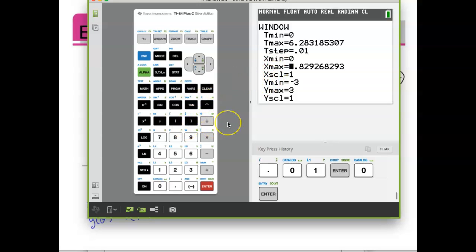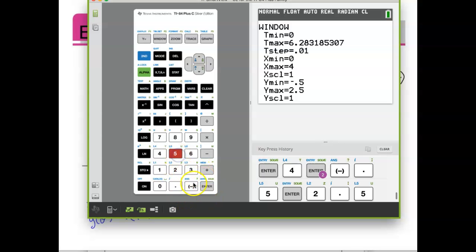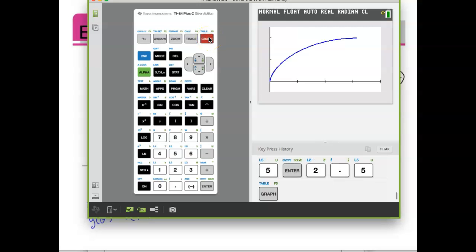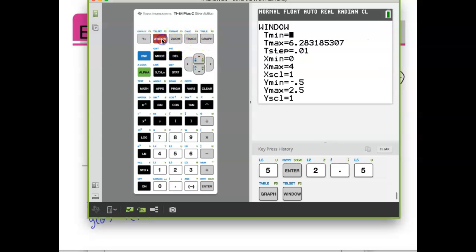My x max, though, this is the horizontal direction, so if it goes 1 full rotation, it's also only going to go out to 2, I believe. So I'm just going to go to 4. All right, y-min, negative 0.5 just to give a buffer, up to 2.5 just to get a buffer. All right, so let's take a look. Oh no, I misread my.